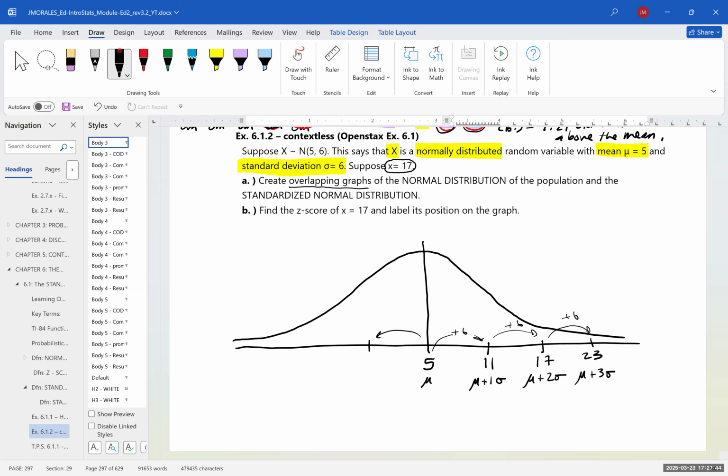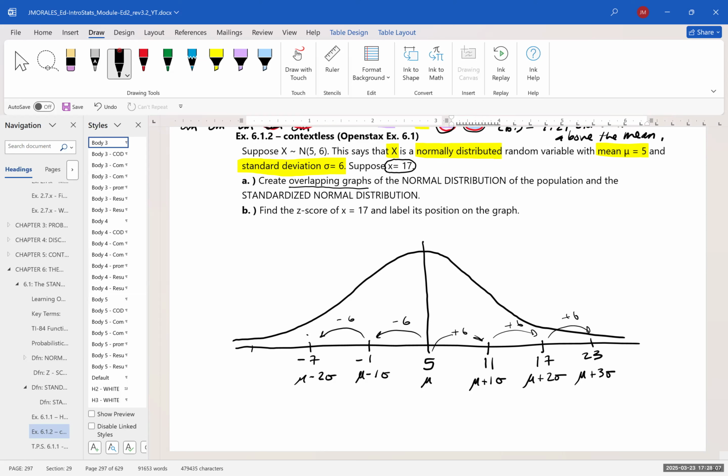Now let's go in the opposite direction. Instead of adding 6, if I subtract 6, that'll get me to -1. So this is the mean minus 1 standard deviation. If I subtract 6 again, that's going to give me -7. So this is the mean minus 2 standard deviations.